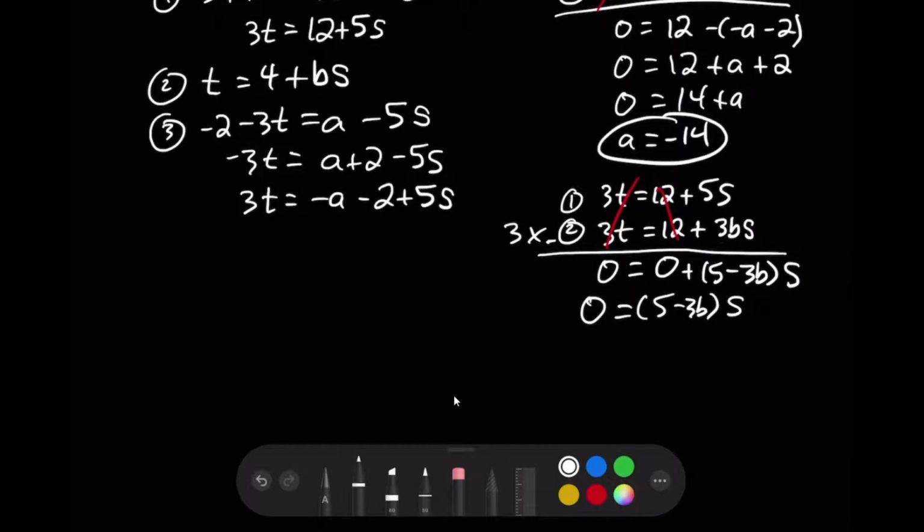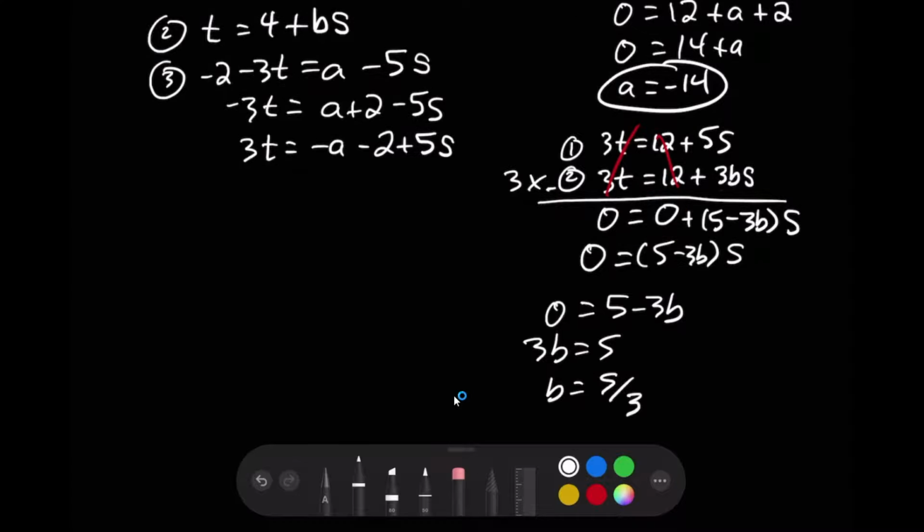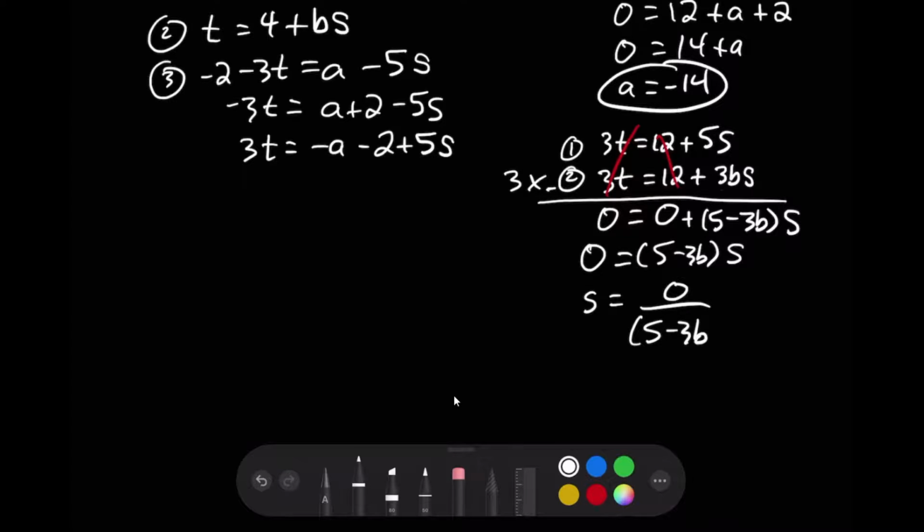This will be true if s does not equal 0. We're going to rearrange this and solve for s. If I rearrange and solve for s, I'm going to find that s is equal to 0 divided by 5 minus 3b.